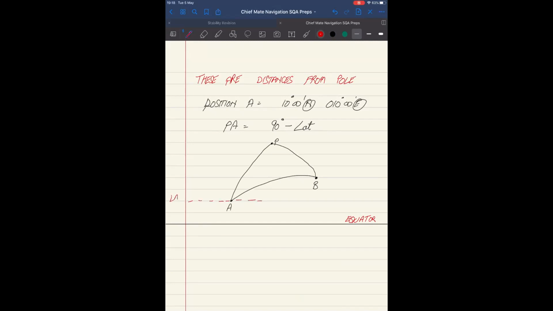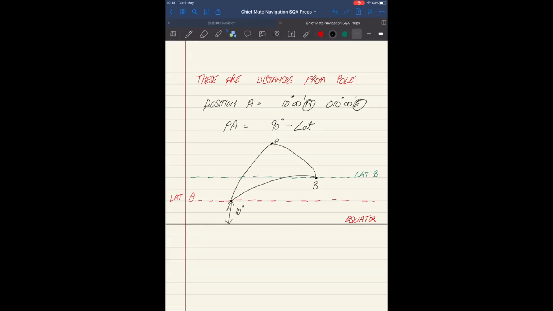This is lat A, and this is lat B. Now, when we say lat A was 10 degrees, that means measured from the equator, it was 10 degrees.